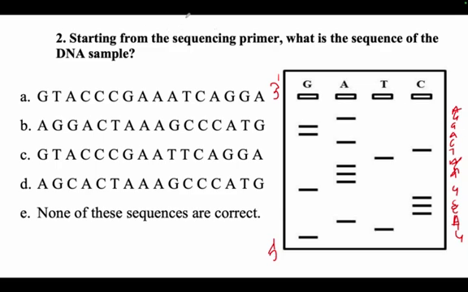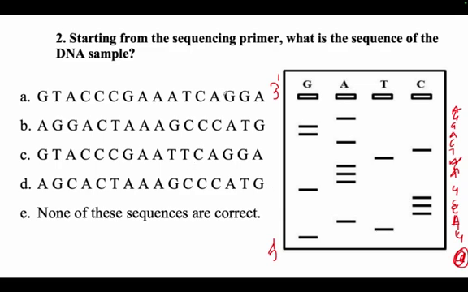But if you look at the question, it says starting from the sequencing primer. Now, where will the sequencing primer bind in this reaction? It will bind at the 5' end, because DNA polymerization will start in the 5' to 3' direction. So it requires a primer to be upstream of where we want to sequence the region. So the DNA primer will be here prior to this G. So our sequence from the DNA primer will start with the G. Now we need to look at which of these matches our DNA sequence.